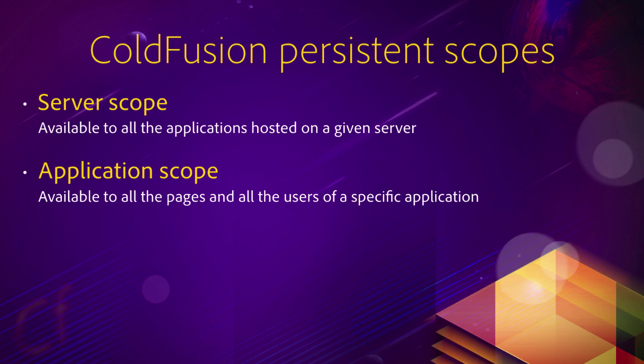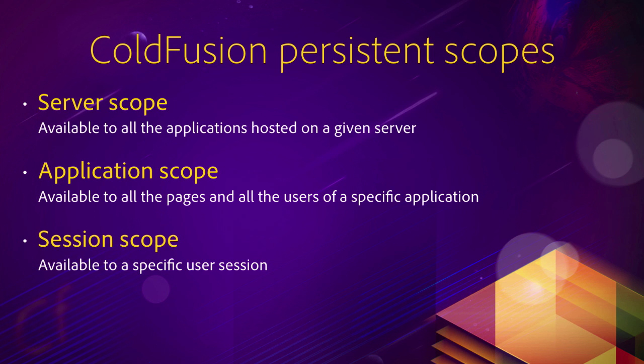The data stored in the application scope is available to every page of a specific application. Note that the same server can host multiple applications and therefore can have multiple application scopes. The third one is the session scope, and that scope is specific to a user. The data stored in the session scope can be accessed by any request made by a specific user.